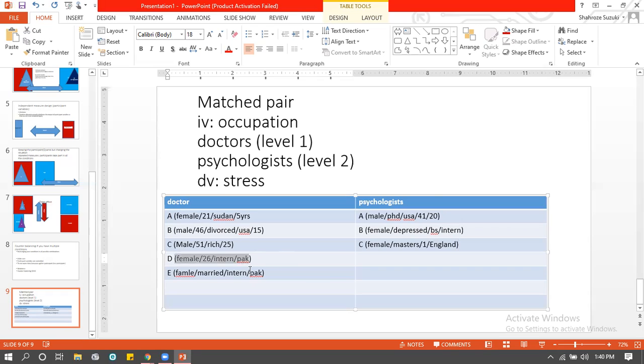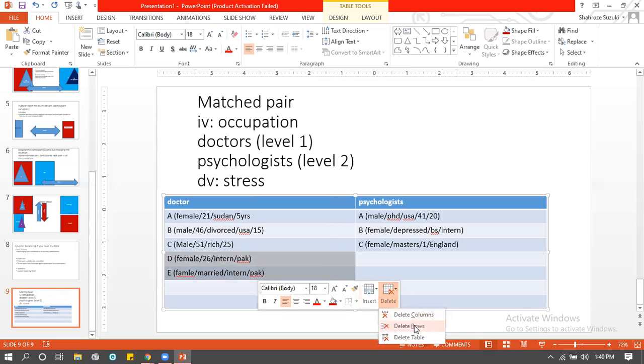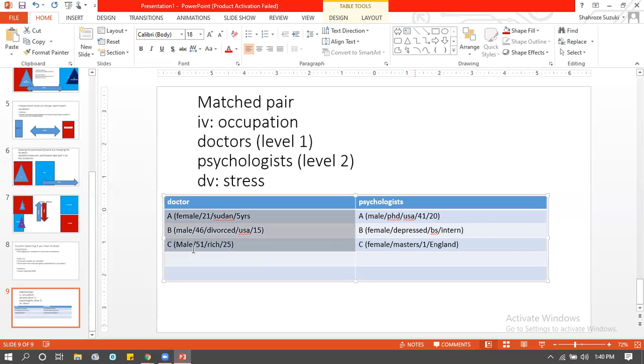All right, so instead of so many people, let's suppose we're going to take 3 people in each group. Question for you. We have one female, 2 male in one group, and 1 male, 2 female in the other. There's a difference in gender in both groups.